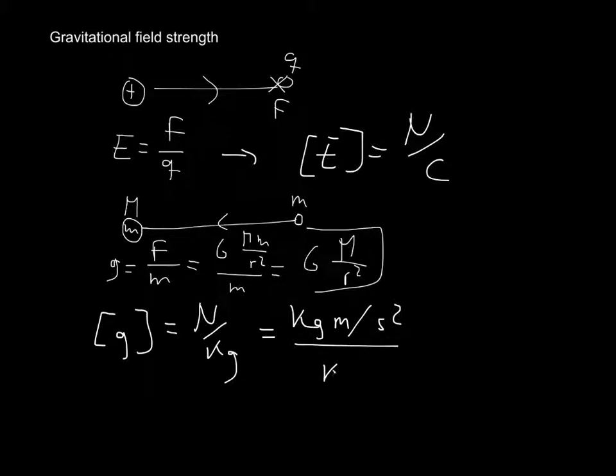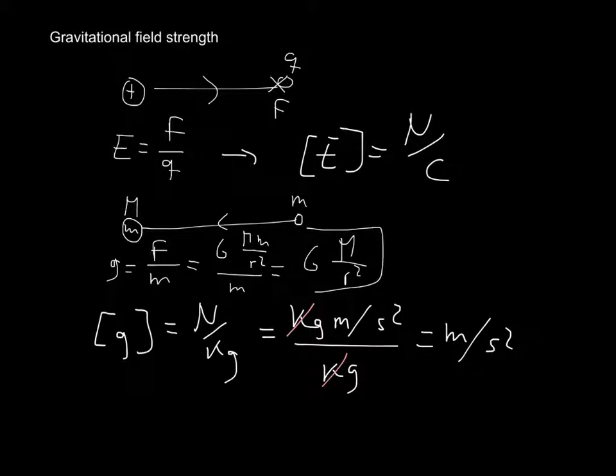When we divide by kilograms, we cross out the kilograms and get meters per second squared, which are units of acceleration. This means that the gravitational field strength, which is really the force per kilogram that something receives, is also equal to the acceleration that something will suffer in that field, which is not the case for the electric charge.